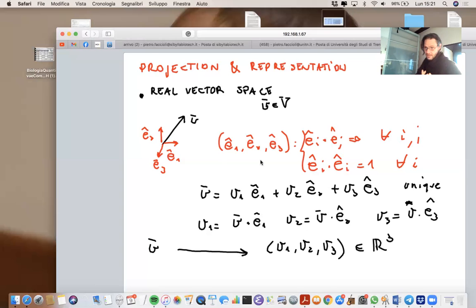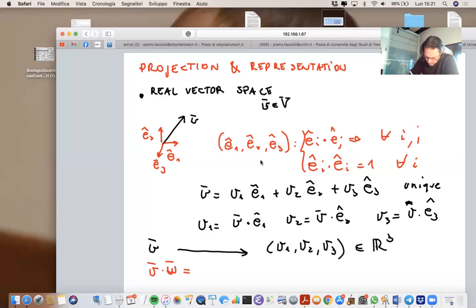Once you've done this, many of the mathematical operations become trivial. For instance, one central property concerns the inner product, and I think it's quite easy for you to prove it.